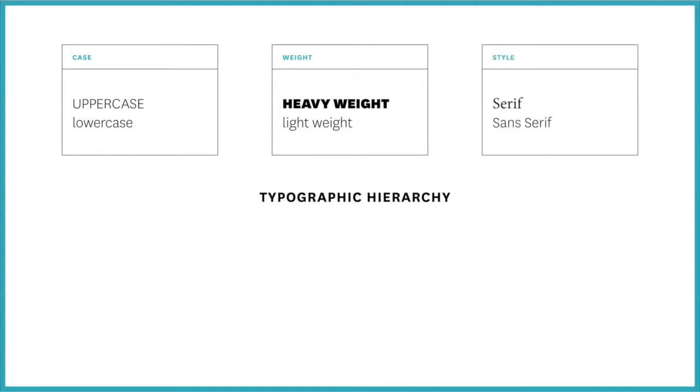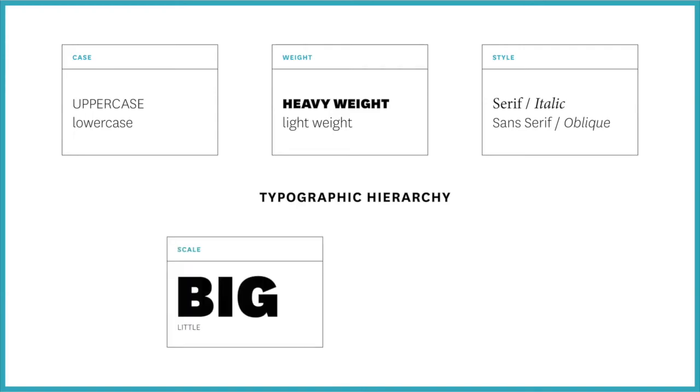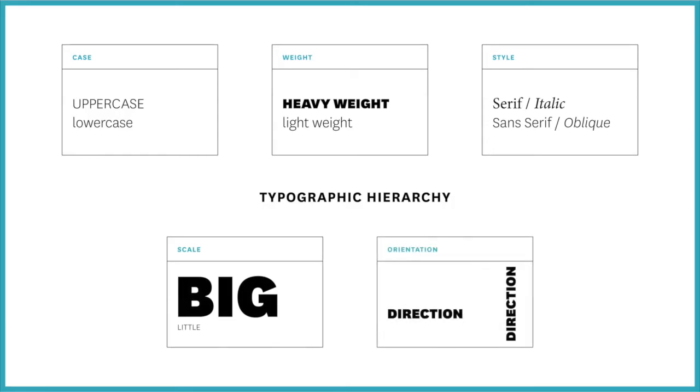And third, style, often referring to classification, serif having the tiny feet, or sans meaning without the tiny feet, or it may also refer to the pitch of letter strokes, most notably italic or oblique. Fourth is scale, the most obvious and widely used. And fifth is orientation, which refers to the direction type is placed relative to the framal reference.